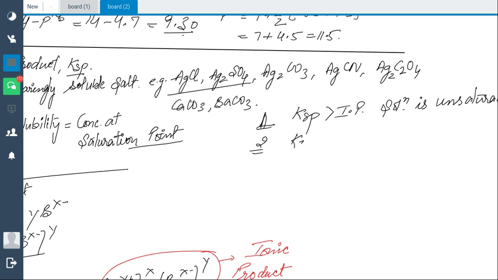Second case, Ksp is equal to Ip. Here we will say that the solution is saturated and ionic equilibrium is established.